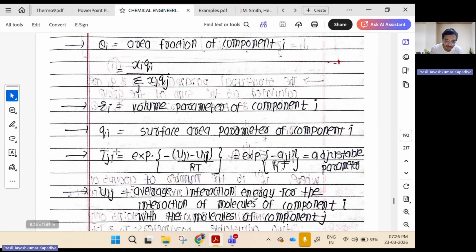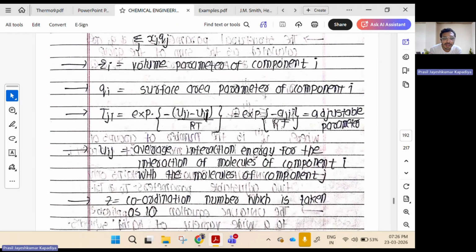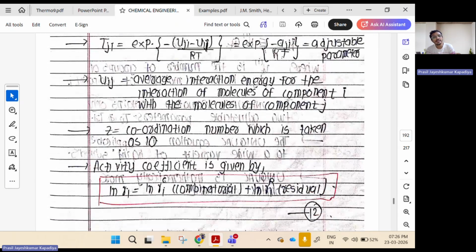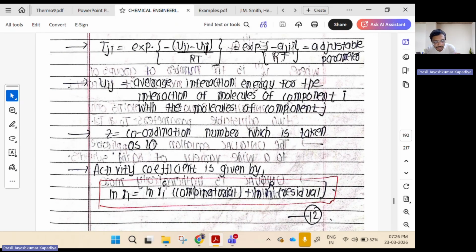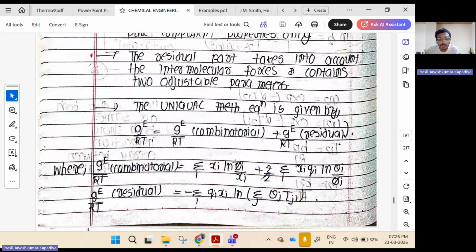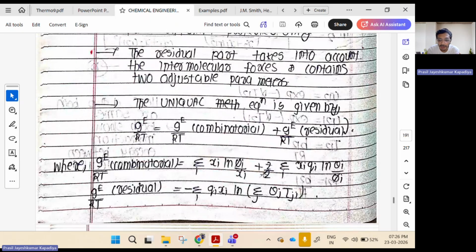And for the residual part, tau ji is the exponent of this parameter, minus uji minus uii, divided by RT. And uji is the average intermolecular energy for the interaction of molecules of component j with the molecules of component i. And Z is generally the coordination number, and it is taken as 10.